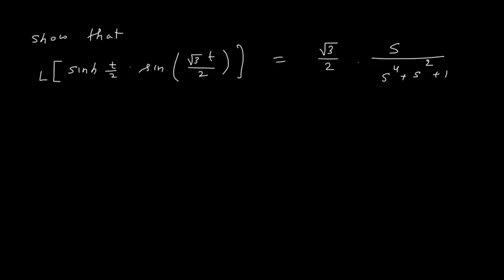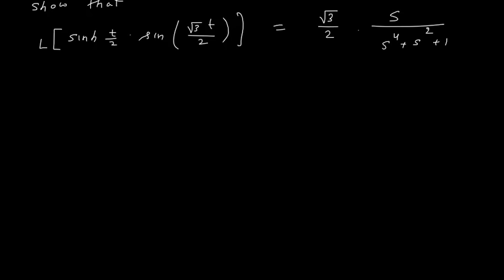So the solution is given. You have to just write the steps to arrive at this solution. Now again this sine hyperbolic t by 2 can be converted in terms of e power t by 2.